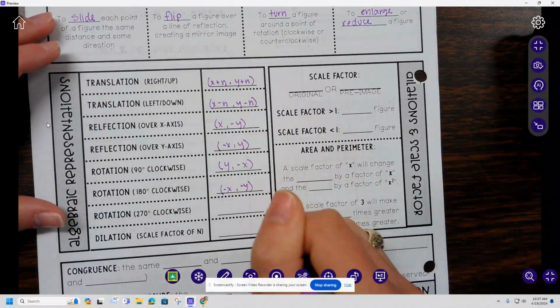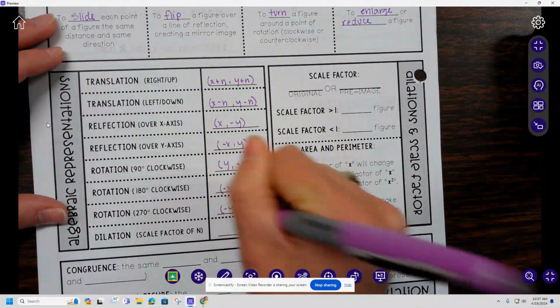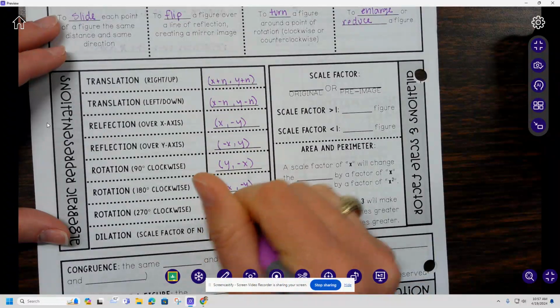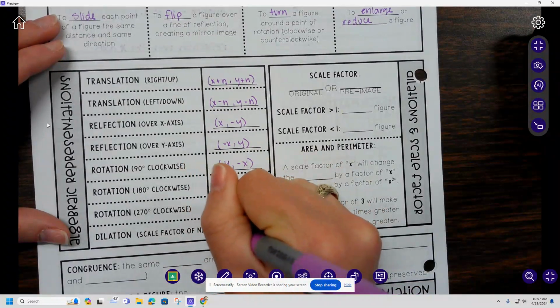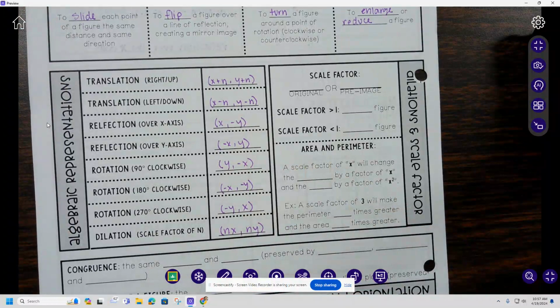Rotation 270 degrees clockwise would be (negative y, x), and then a dilation would be (nx, ny), where that n represents the scale factor in this case.